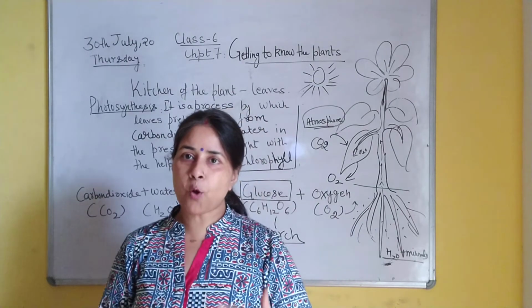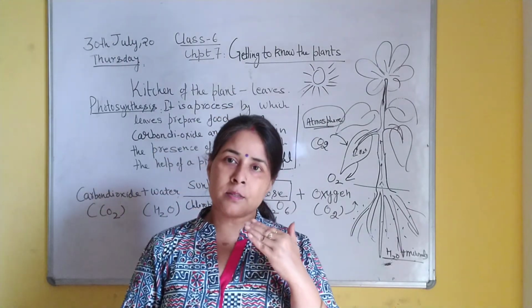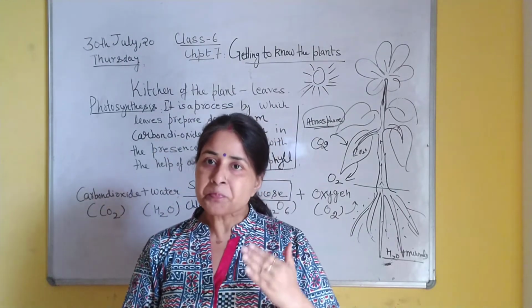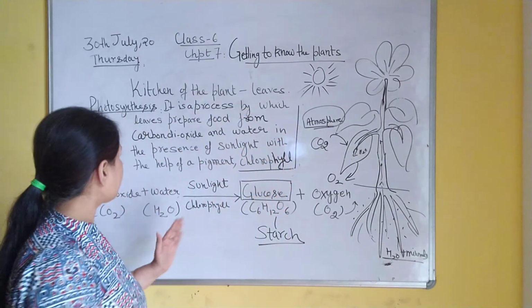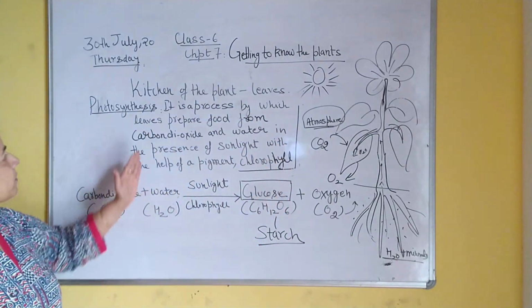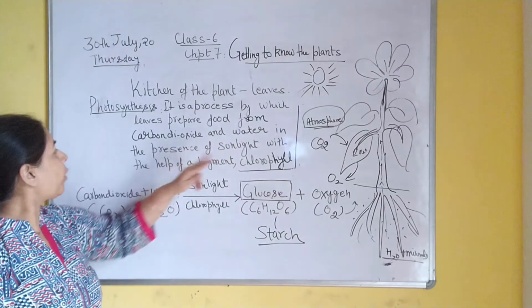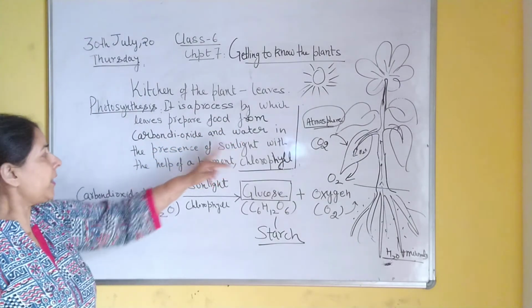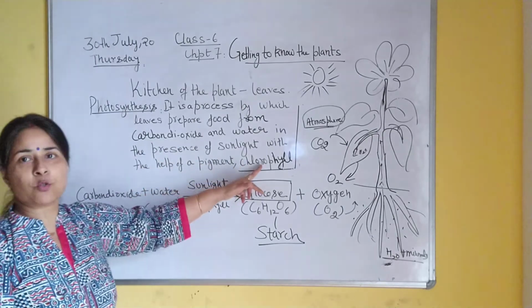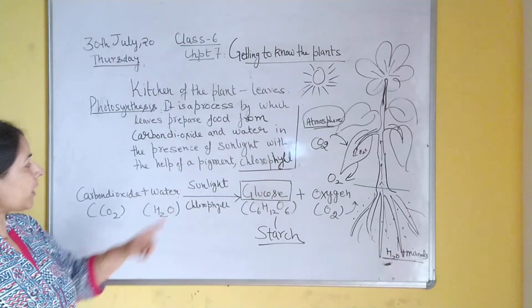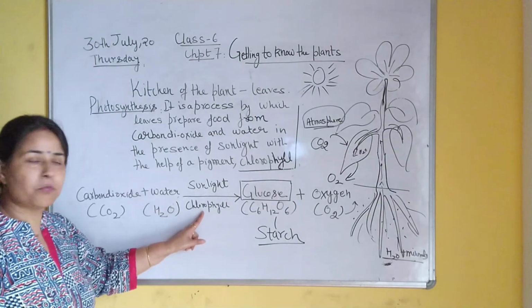Please read it from your book. The process is explained in detail. Once again, I'll just repeat. It is a process by which leaves prepare food from carbon dioxide and water in the presence of sunlight with the help of a pigment known as chlorophyll. So do not forget the sunlight and the chlorophyll pigment.